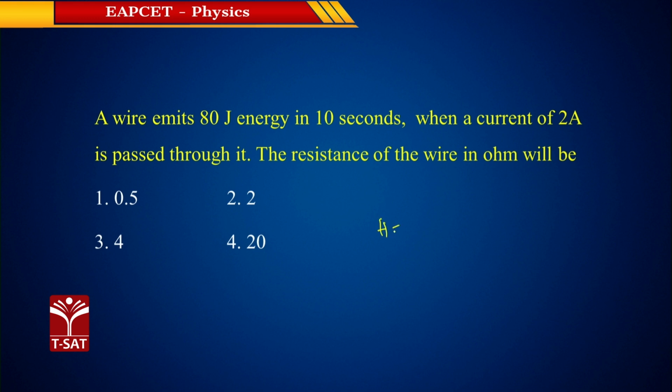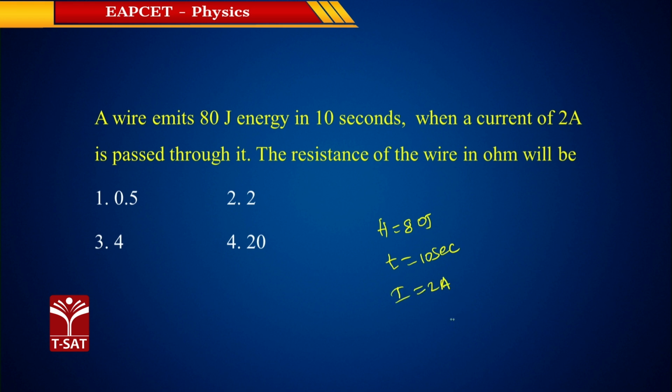Heat H is equal to 80 joule. Here a wire emits 80 joule and t is equal to how much? t is equal to 10 seconds. And here I is equal to 2 ampere.